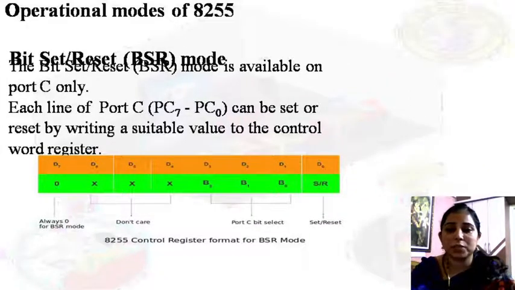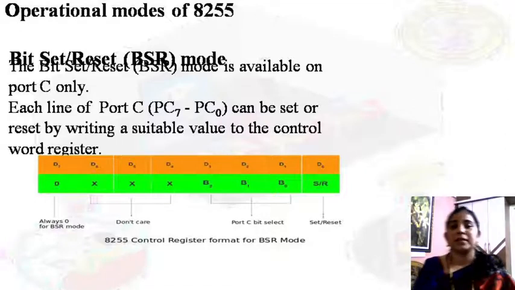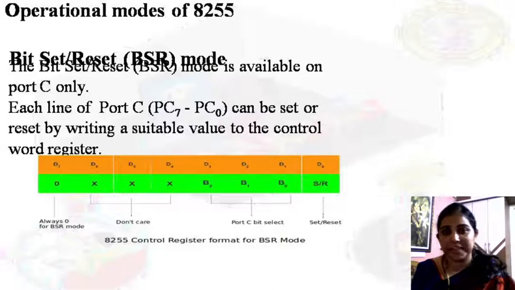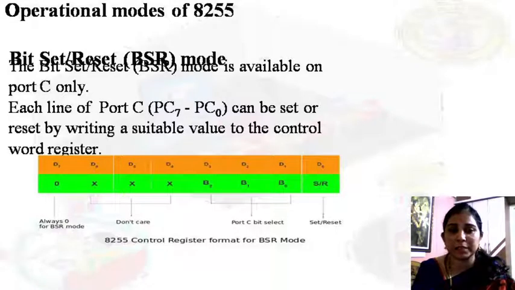So our next question is, what is the control register? The control register is of 8 bits. Out of these 8 bits, which bit will decide which mode the 8255 is working in? That decision is taken by bit number 7, that is the D7 bit.